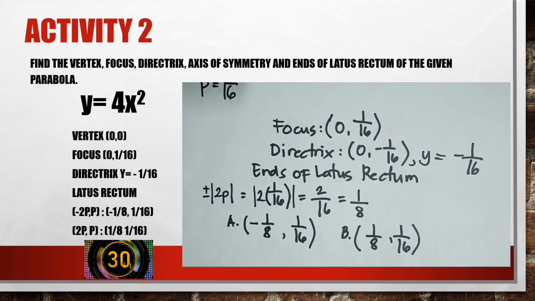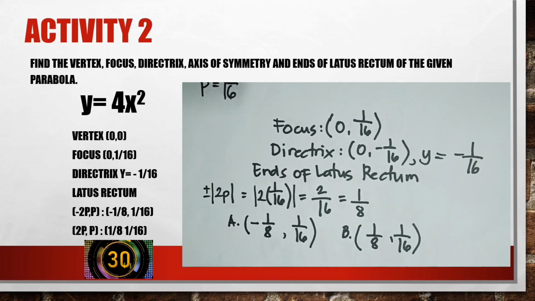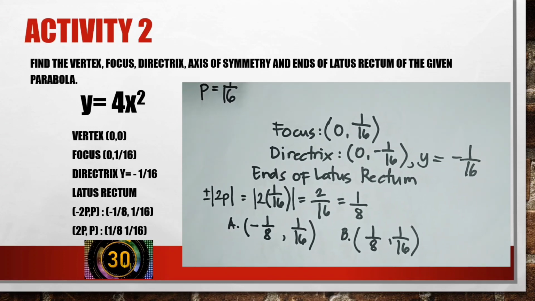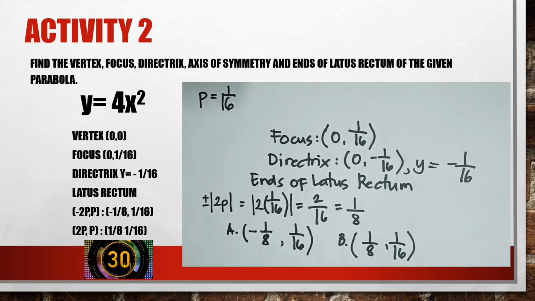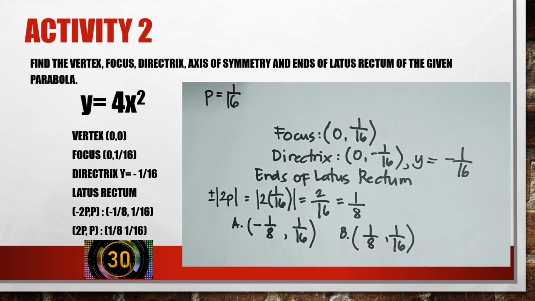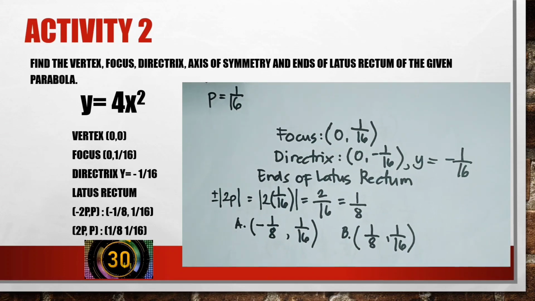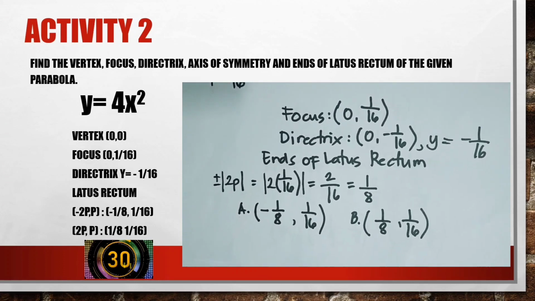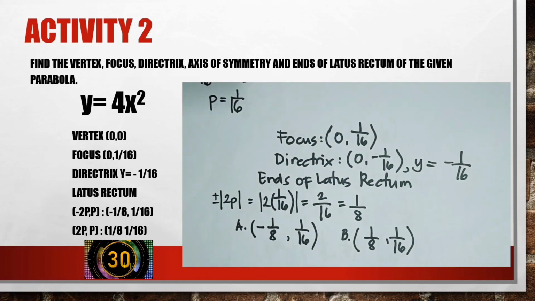And for the ends of the latus rectum, we have the positive and negative absolute value of 2p. Since our p is equal to 1 over 16, 2 times 1 over 16 is 1/8. Therefore, the ends of the latus rectum are negative 1/8, 1 over 16, and 1/8, 1 over 16.